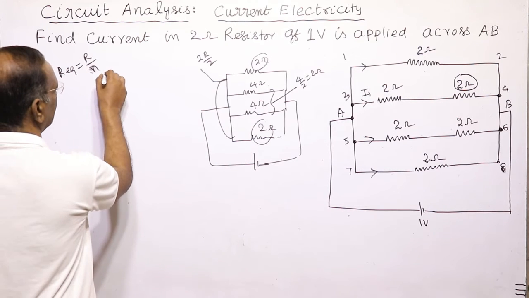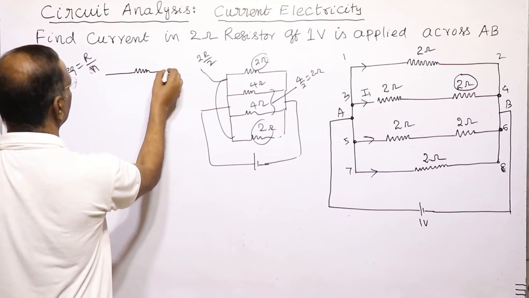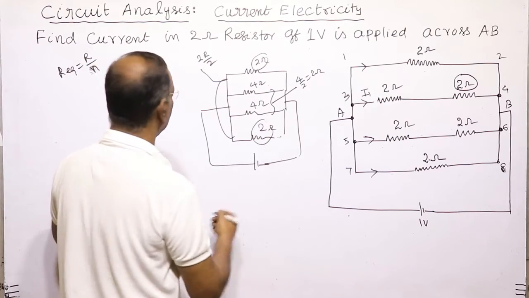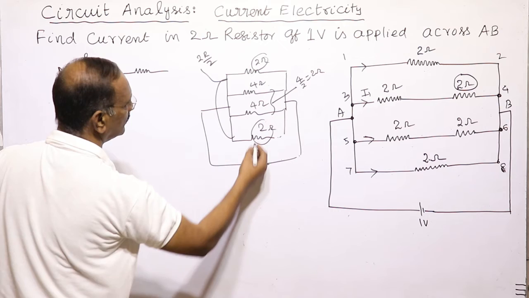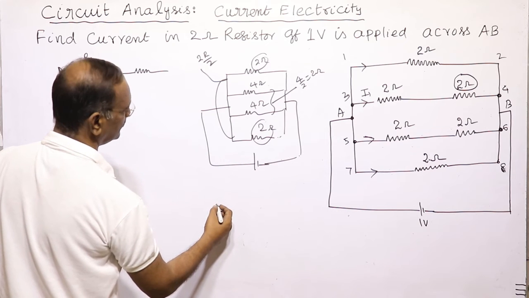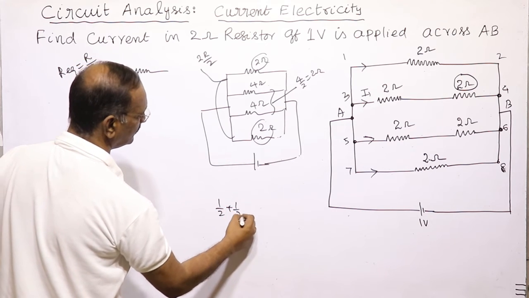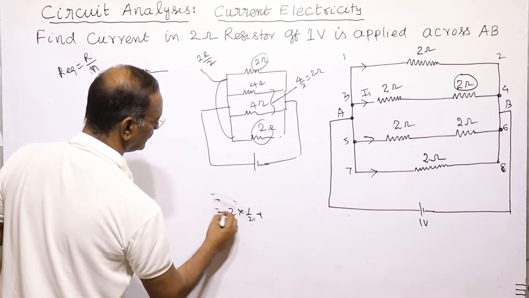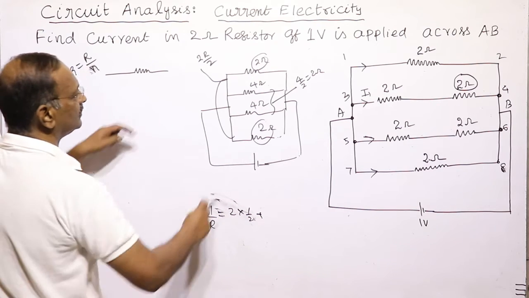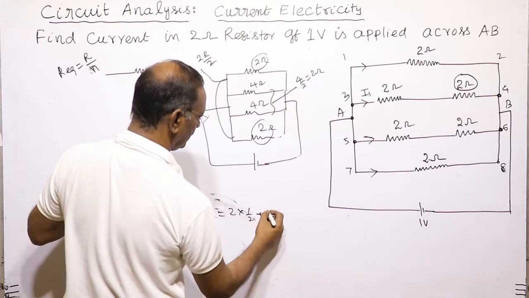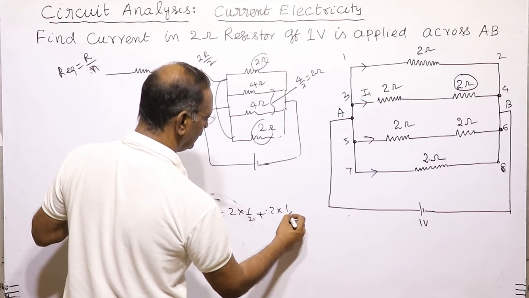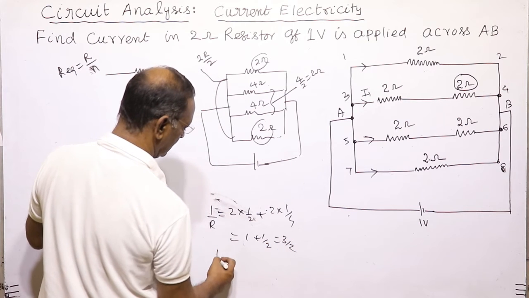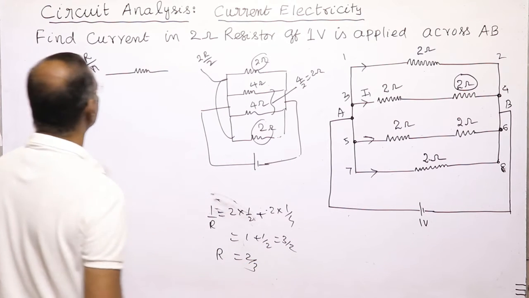Otherwise you can put it as 1 by R equivalent: 2 into 1 by 2 plus 2 into 1 by 4, which is equal to 1 plus half, that is 3 by 2. So R equivalent is equal to 2 by 3. Now let us find out here.